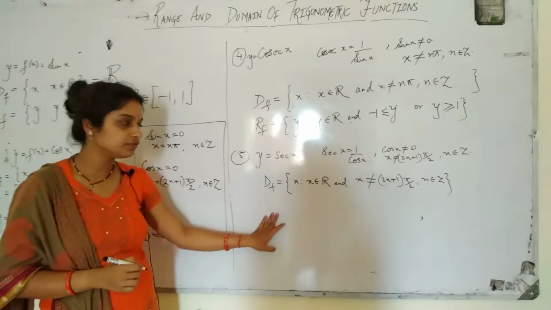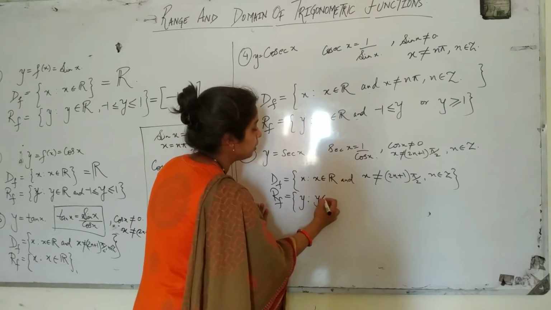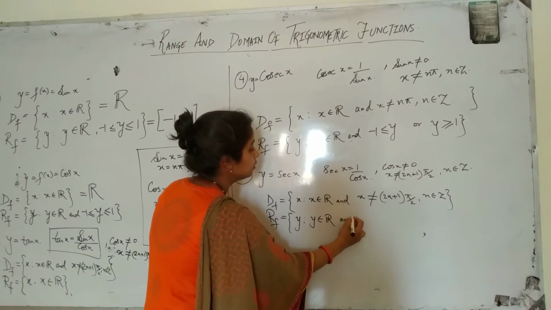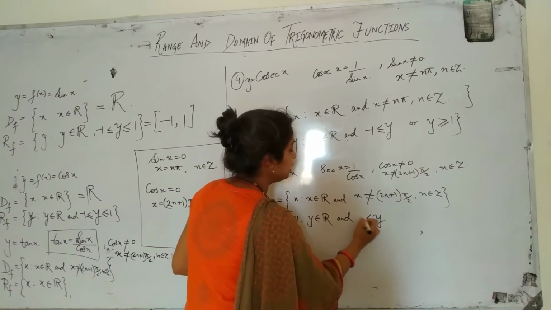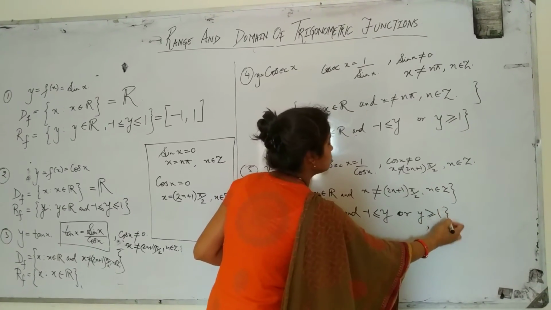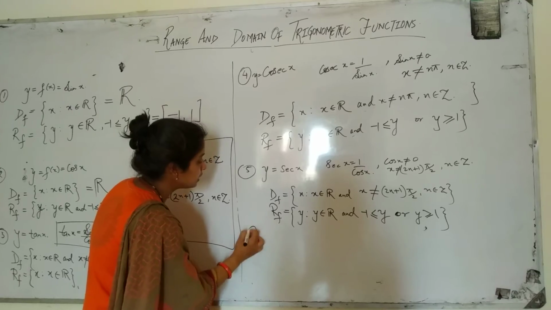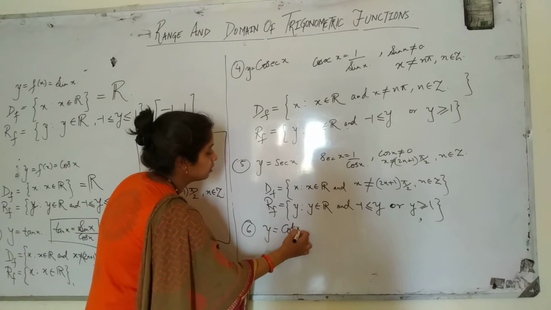This is the domain of the function sec x, and the range of sec x is y such that y belongs to R and y is less than or equal to -1 or y is greater than or equal to 1.